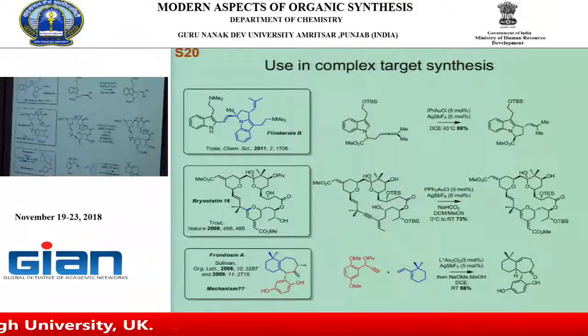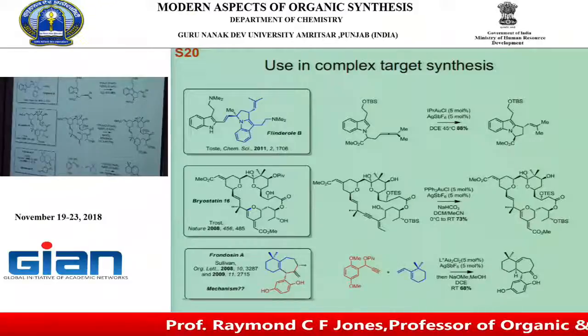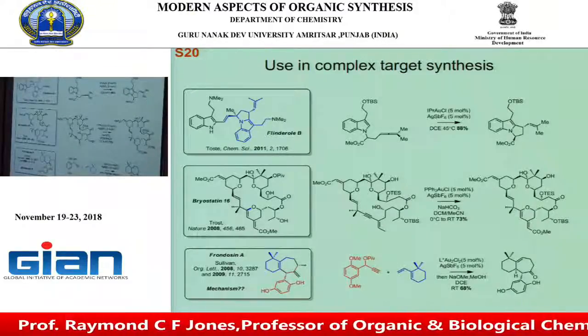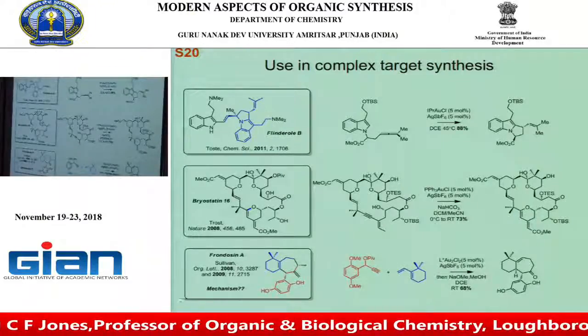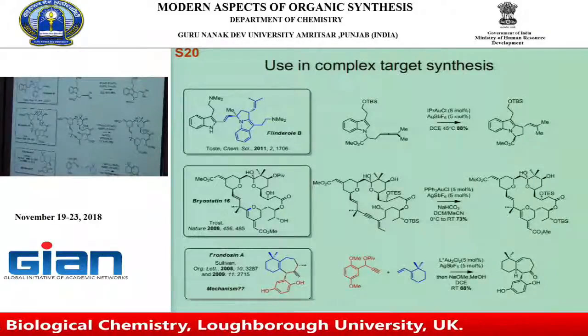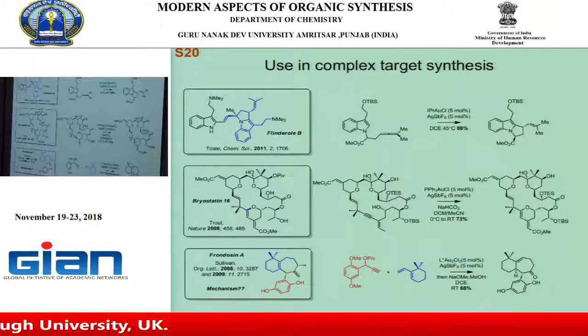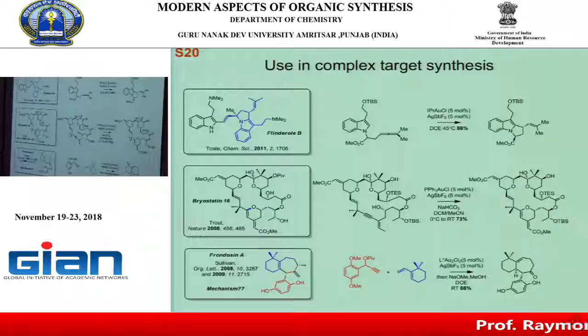And here are some examples of the gold chemistry being used in complex natural product synthesis. These aren't all allene. Now this one's an allene one again. So this time the 3 position of the indole, which we saw as a nucleophile before, isn't available because that's already occupied.